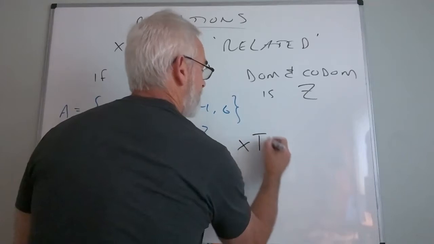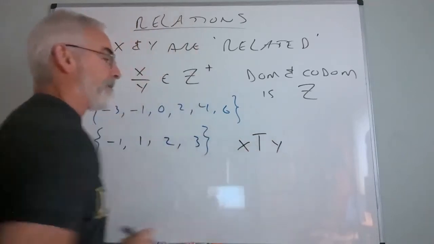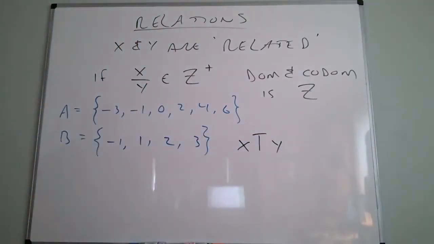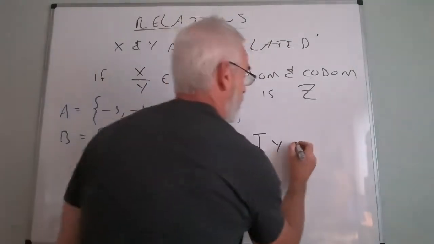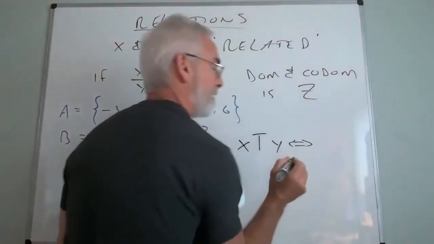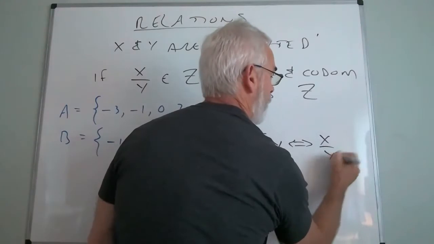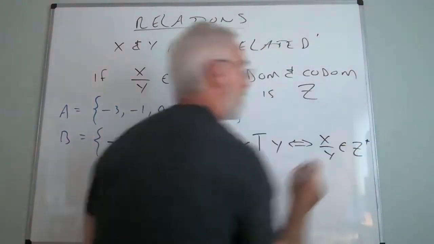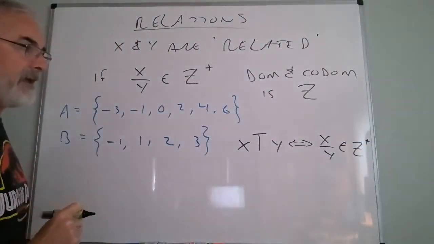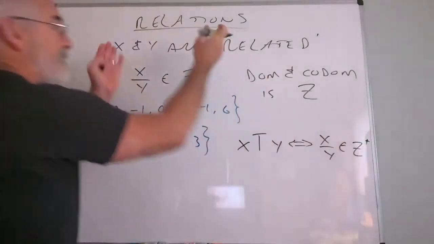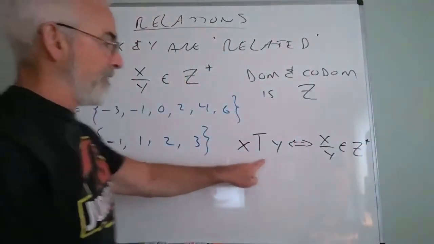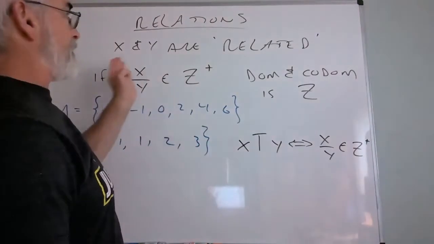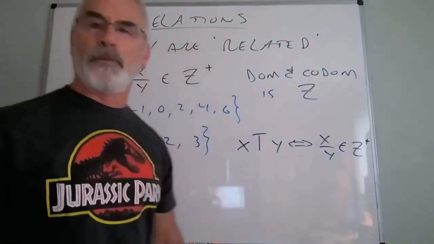X is related to Y under T, or X T Y. Okay, so T is my relation and X is related to Y under T if and only if X over Y is an element of the positive integers. Okay, this is how I'm defining this particular relation. So this is the formal definition. This was, think of it as the verbal definition.